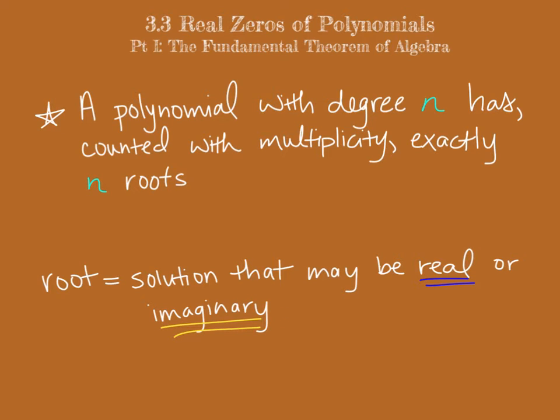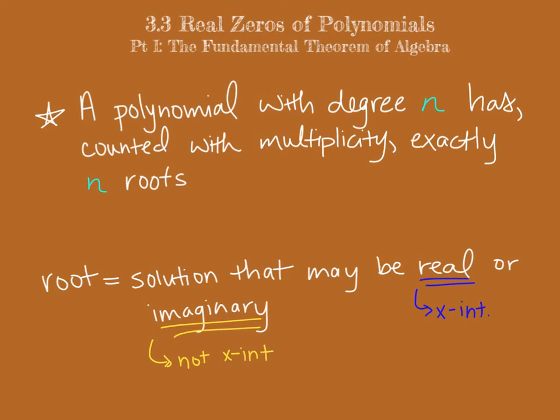A real root is one that hits the x-axis. It's literally real, we can see it, and that is the same thing as an x-intercept. An imaginary root does not, and we're going to get more into imaginary numbers later on this year, but right now we're not focusing on those. An imaginary root is not an x-intercept, and you can't see it.